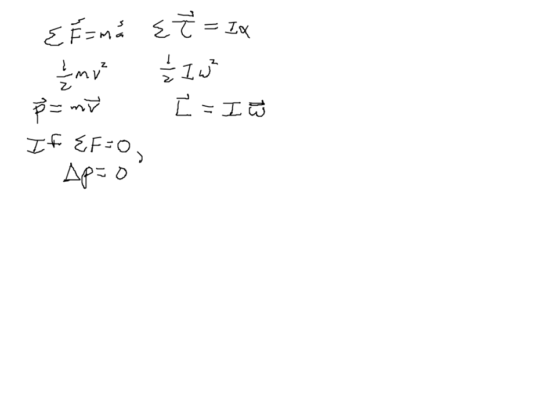Just like with linear momentum, angular momentum is useful because if the net torque on a system is equal to zero, then angular momentum must be conserved. It cannot change.